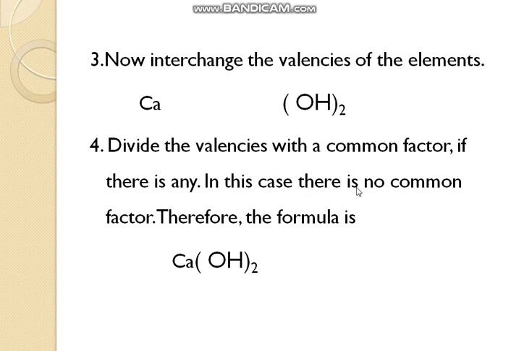In case there is no common factor, we write the formula as Ca(OH)2. That means Ca is 1 and OH is repeated 2 times. Ca(OH)2 is the chemical formula of calcium hydroxide.